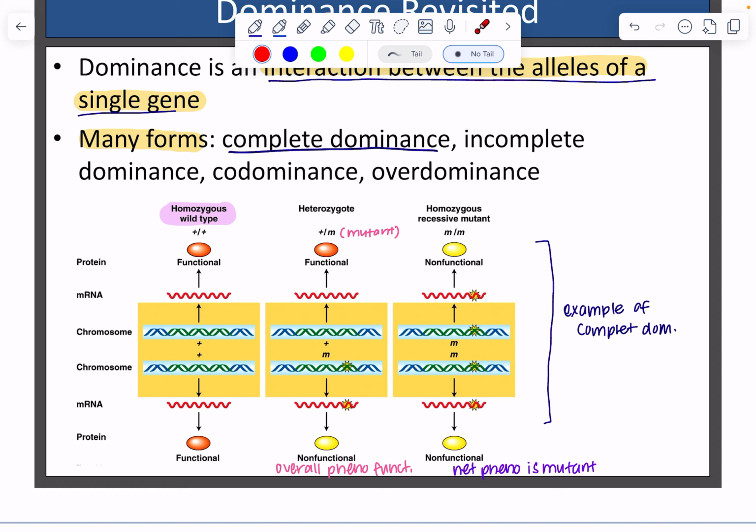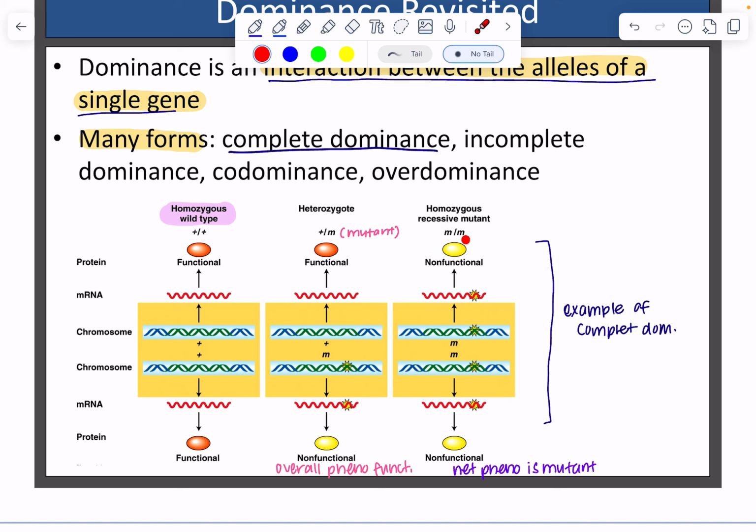So here you get a mutant allele, but you still have that other dominant allele, so you produce a non-functional protein from one chromosome, but you also produce a functioning protein from the other. Because the functional protein is still in the genotype, you get a phenotypically functioning protein, because the dominant allele is overpowering the mutant.